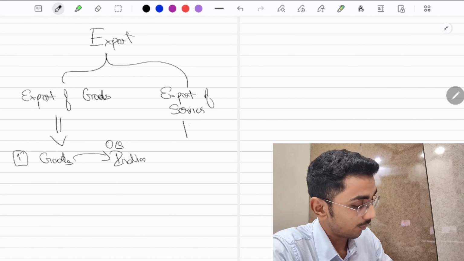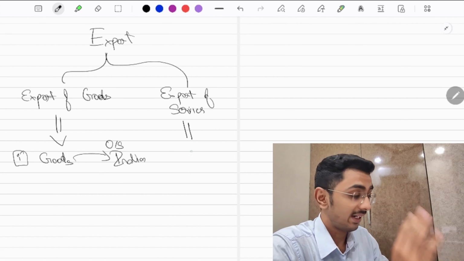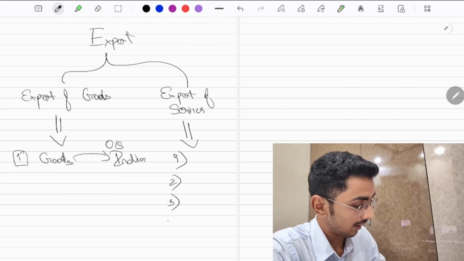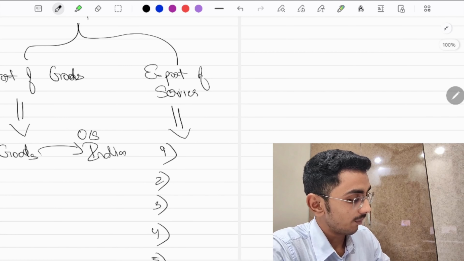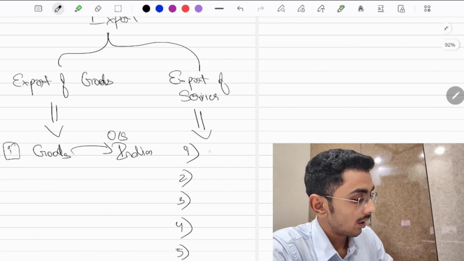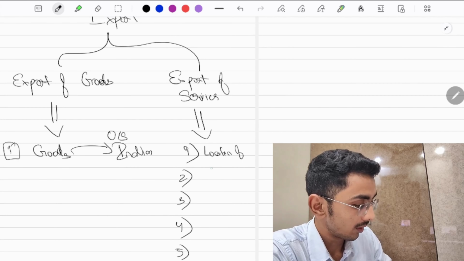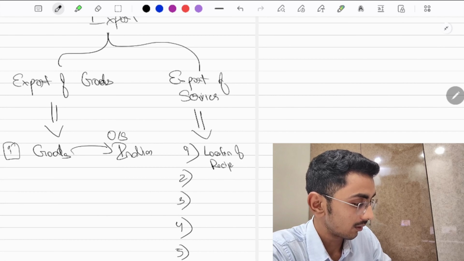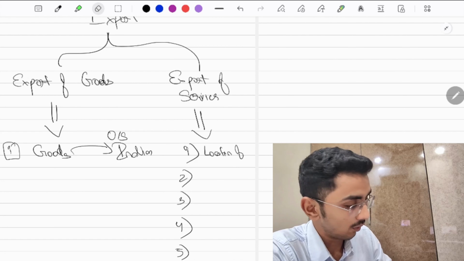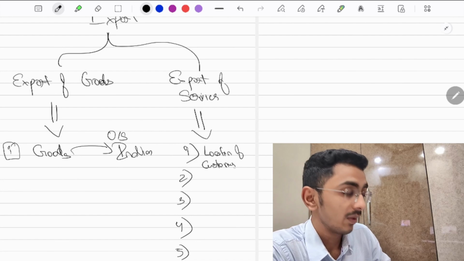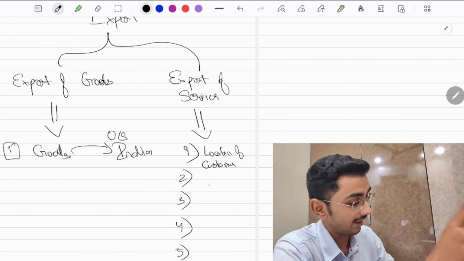And in case of export of services, there are total 5 conditions that you have to satisfy. 1, 2, 3, 4, and 5th. First one being location of recipient. Let's take location of customer. Location of customer should be outside India.